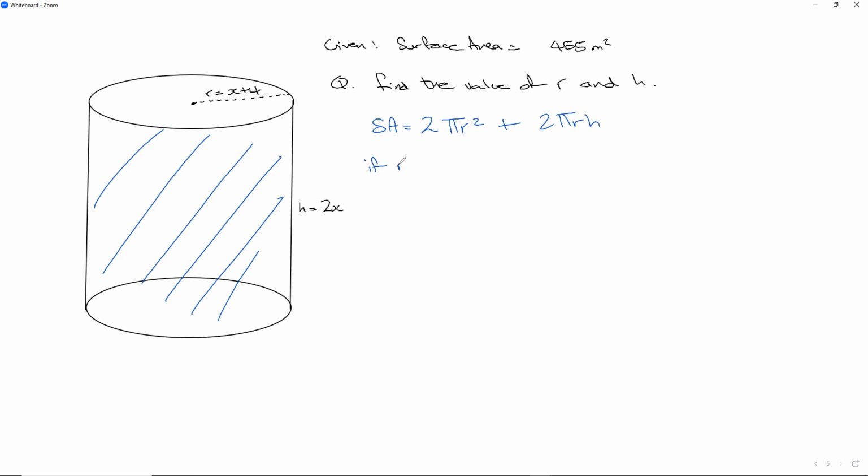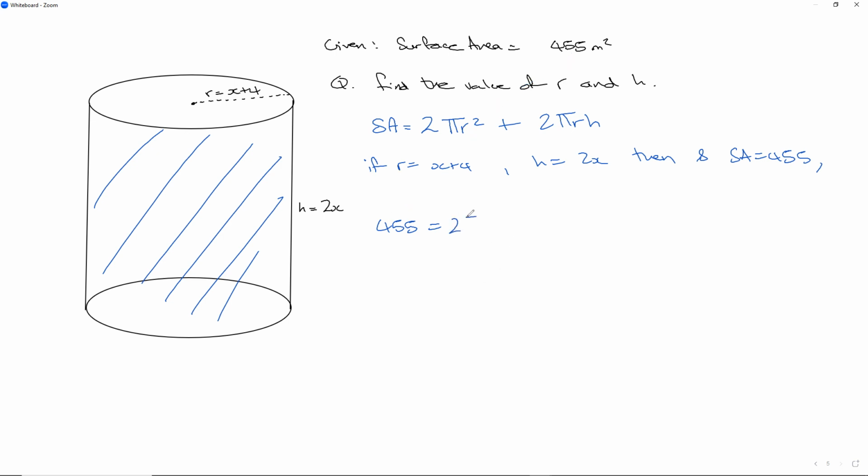So if r is equal to x plus 4 and h is equal to 2x, then my surface area can be rewritten like this. And my surface area is equal to 455, so 455 will become the surface area from there.